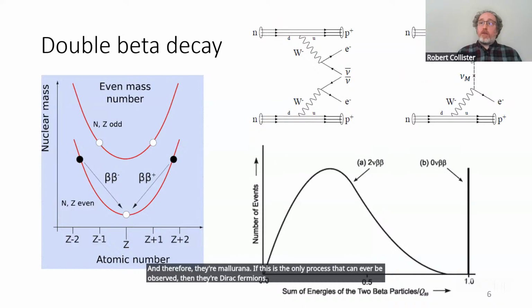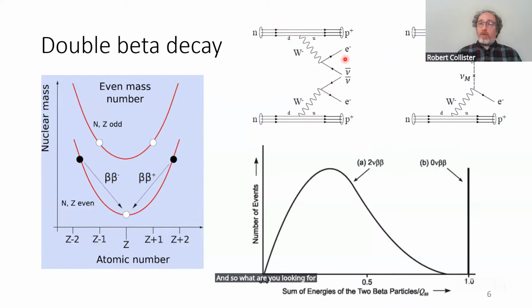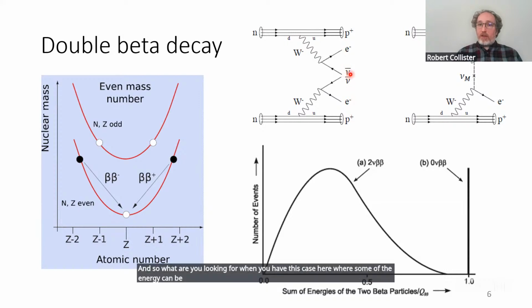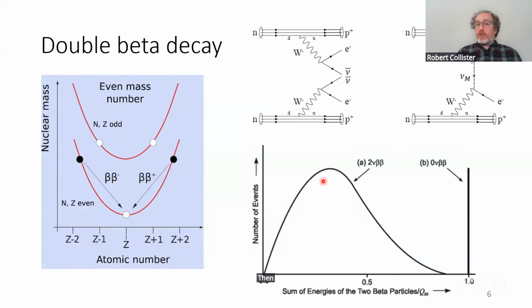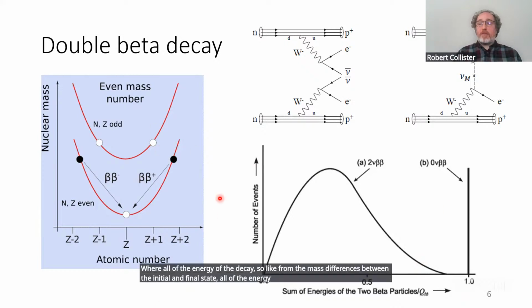And so what are you looking for? When you have this case here, where some of the energy can be carried away by the neutrinos, if you're measuring what you can detect, the energy of the electrons, then you'll get a continuous spectrum, this broad featured thing here, where all of the energy of the decay, so like from the mass differences between the initial and final state, all of the energy involved in the decay can be collected by the neutrinos.